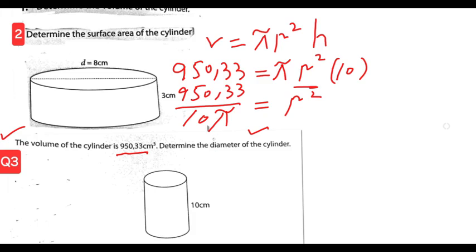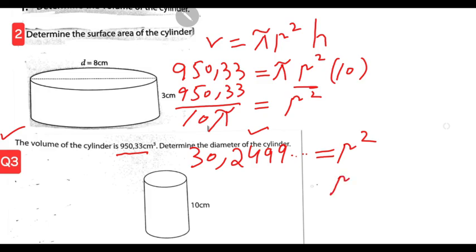So this will be 30.2499 and so on. You can round off to 2 decimal places, which is equal to r square. Now we need to find the value of r.